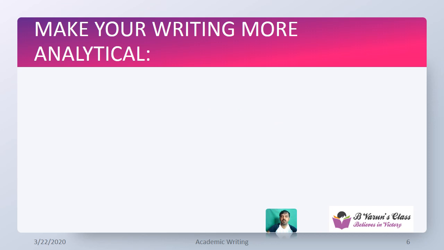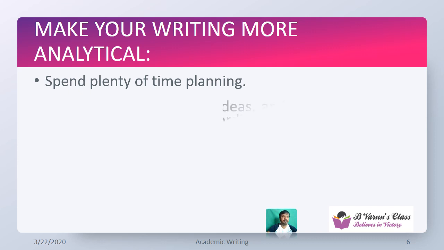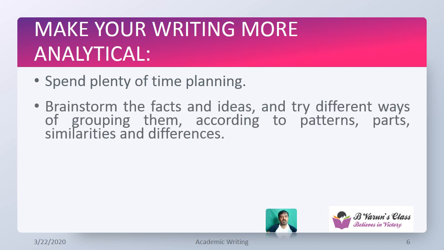What should we do to make the writing more analytical? The procedure. First, we should spend plenty of time planning, brainstorming the facts and ideas as needed, and try different ways of grouping them according to patterns, or parts, or similarities, and based on the differences also we can group the topics.